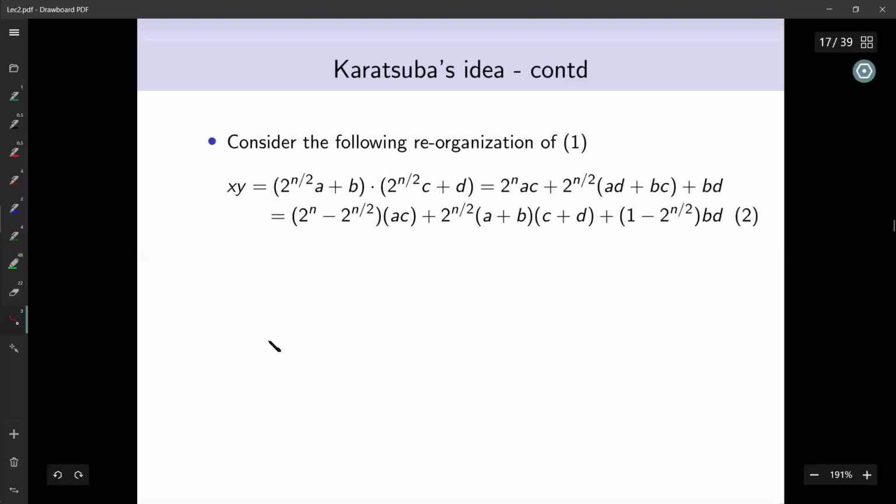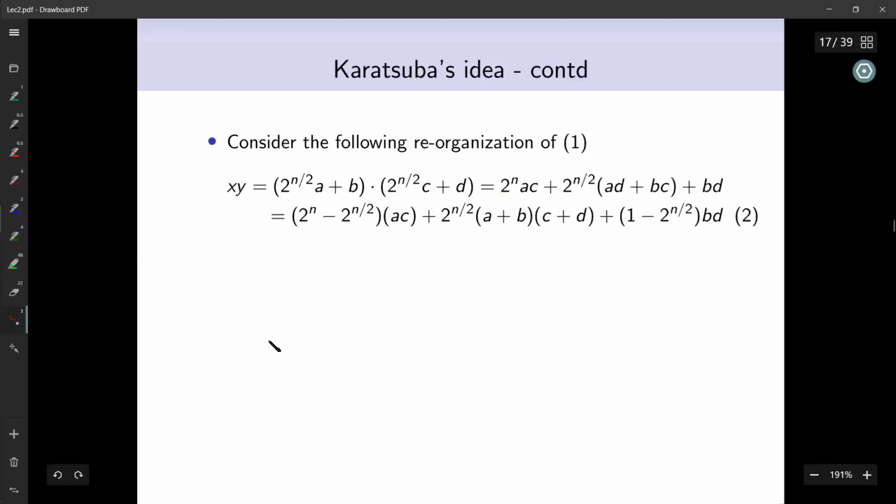And another useless factor is AD. So I have 2^(n/2) times BD, which again is cancelled here. So I wanted BD, and BD I have got here. So you can see that this expression simplifies to this expression.